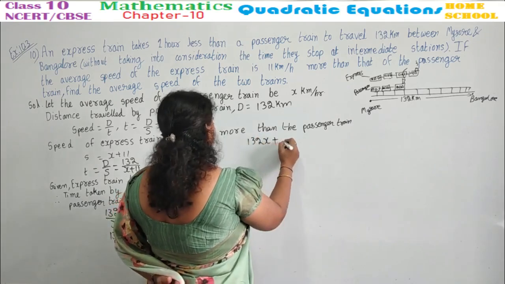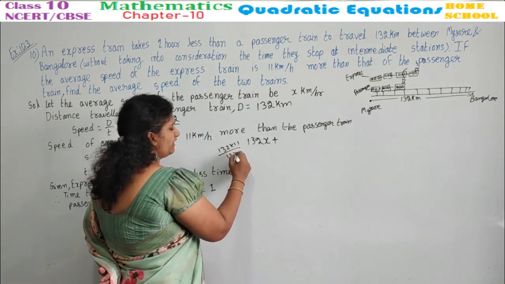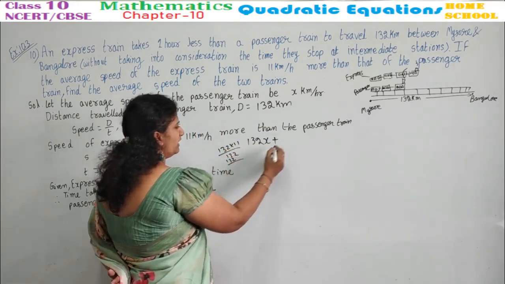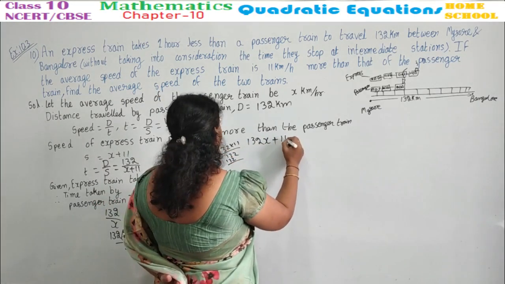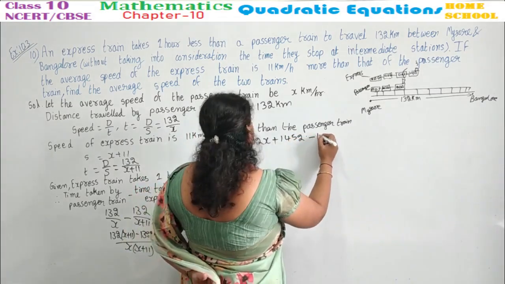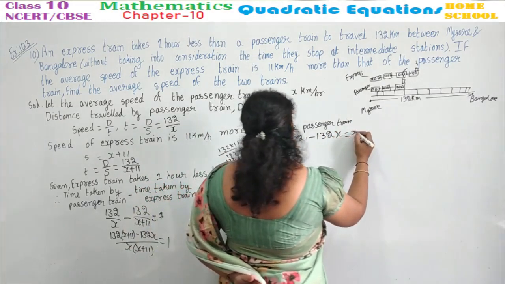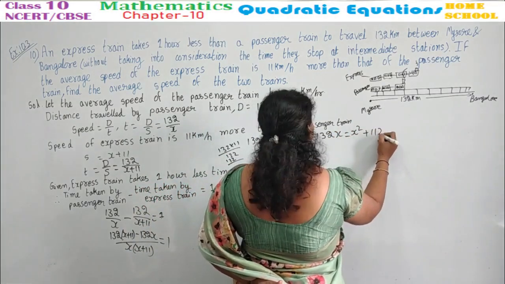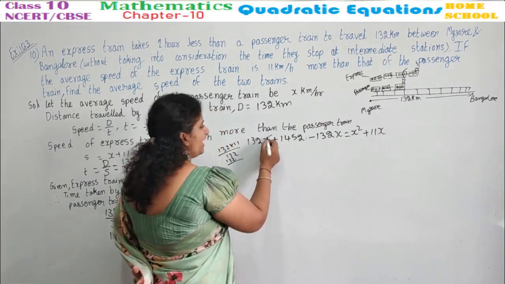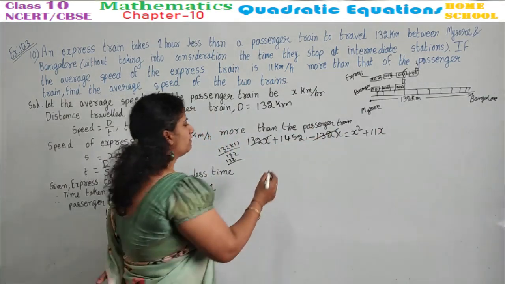132x plus 132 elevens are how much, children? It will be 1452. Minus 132x is equal to x square plus 11x. 132x minus 132x cancel.